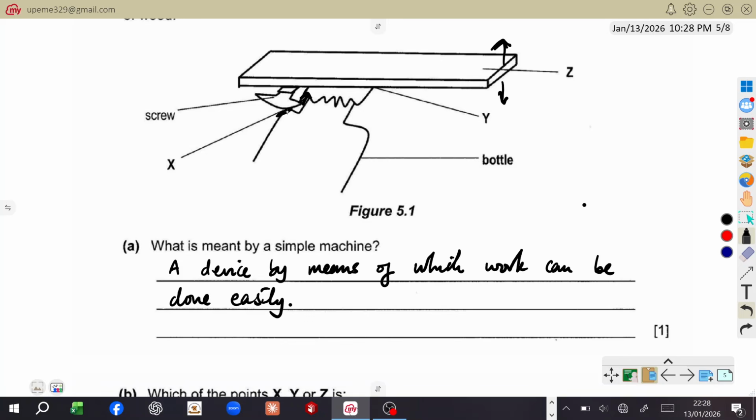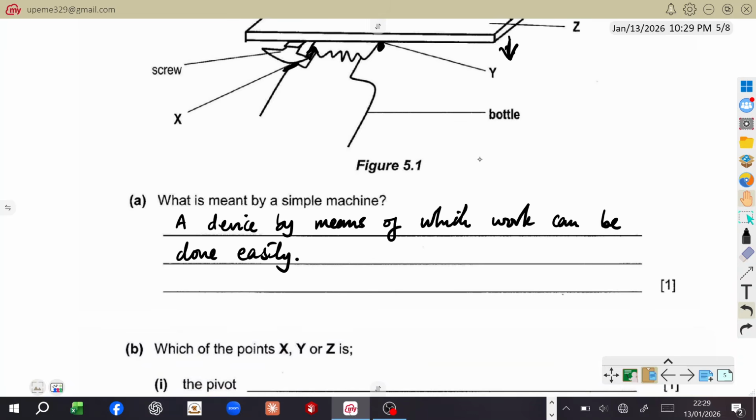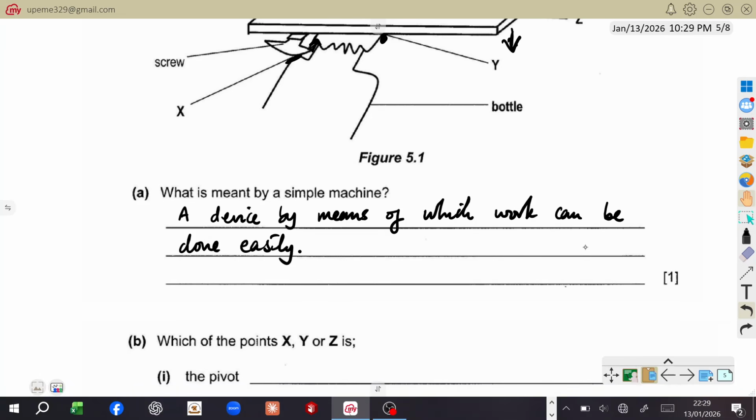But I see two situations, where if you push down here, this thing will balance here and then push that one open. The two situations can only be proved in reality if we had the board and tried to see which one works. But at the moment we can say from where I stand, the pivot should be x.